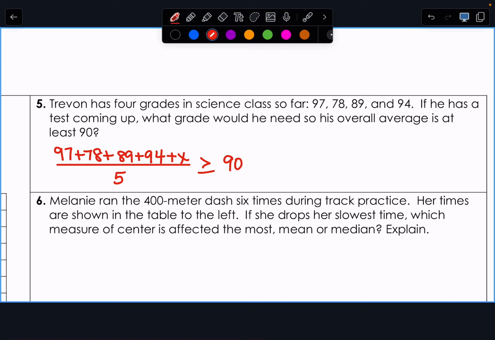Could we multiply that 9 over, right? And then what? Could somebody help me? What's 97 plus 78 plus 89 plus 94?